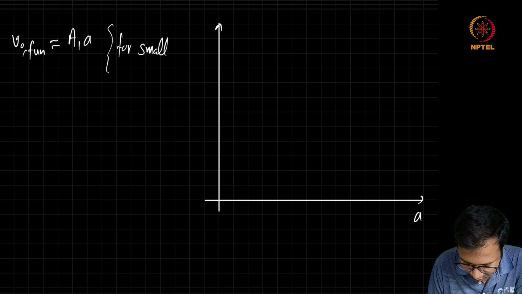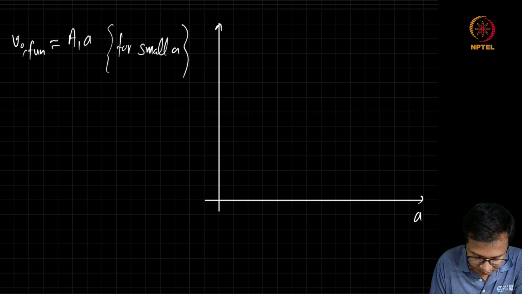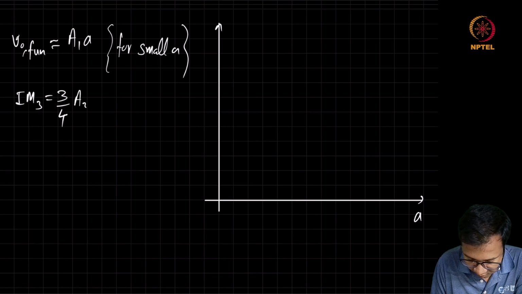For small input amplitude, the IM3 component is equal to 3/4 A3 A^3.